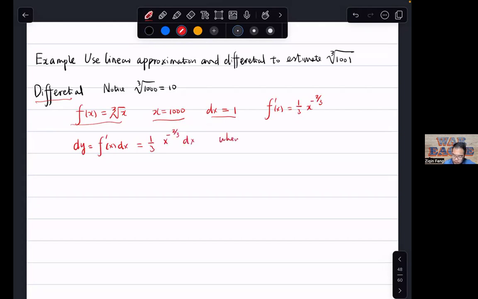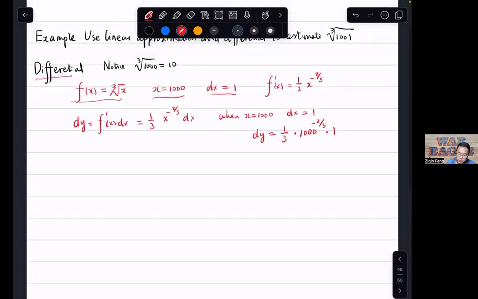So when x is 1000, dx is 1, you get dy is 1/3 times 1000 to the power -2/3 times 1, right? So that's basically one estimate of the change when x changed from 1000 to 1001.